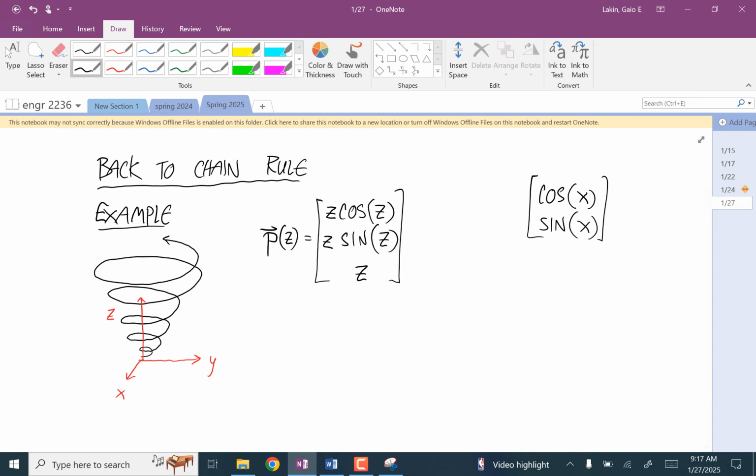Can you see that? Okay, so that's the idea of what this is. We have the third component that says it's also rising as it does this, so that's what makes it a helix. Are you with me on that? And we also are multiplying by z, so as z gets bigger, this helix is getting a bigger radius as you go. The z component is just z because it's going up.